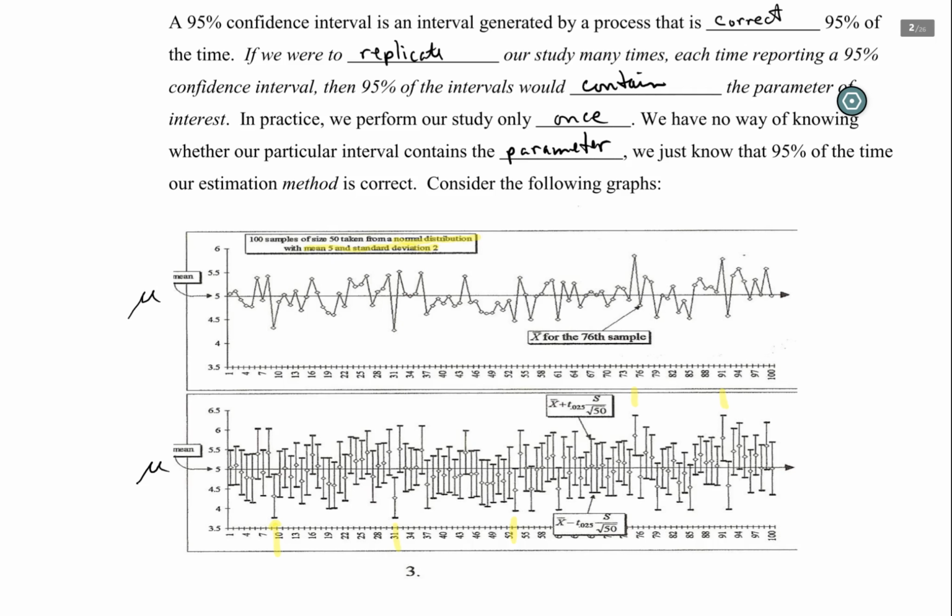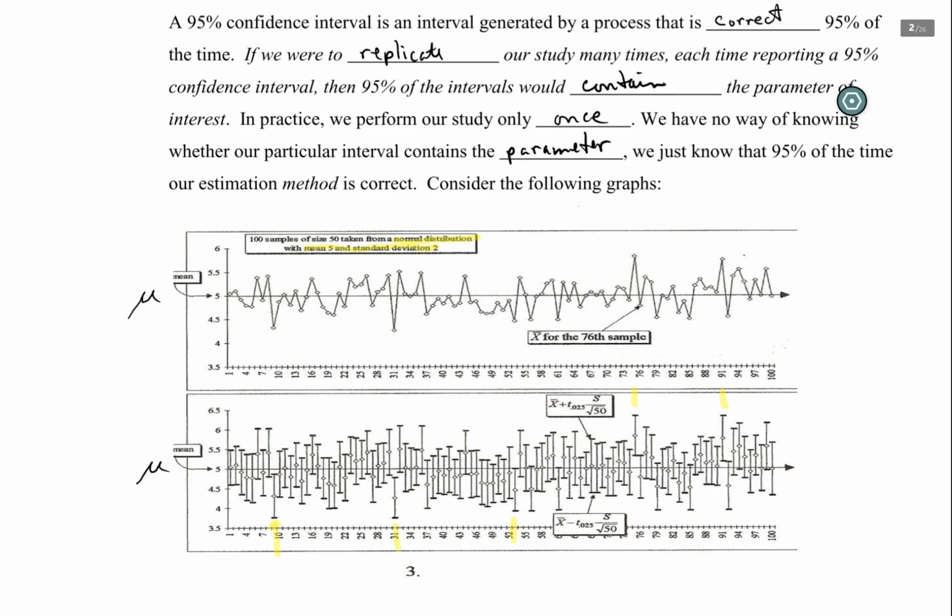So I had 5 samples out of 100 that generated a confidence interval that did not capture the population mean mu. So this is what we mean when we say confidence: that the method is correct 95% of the time.